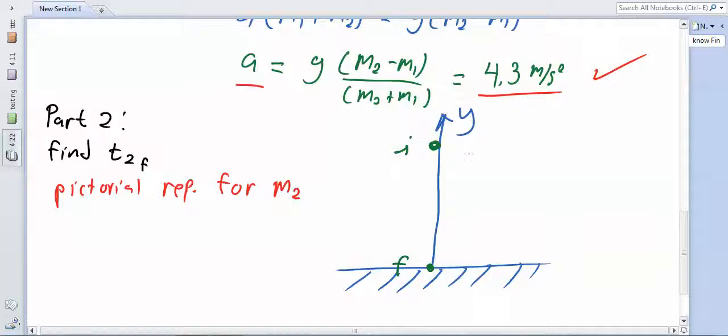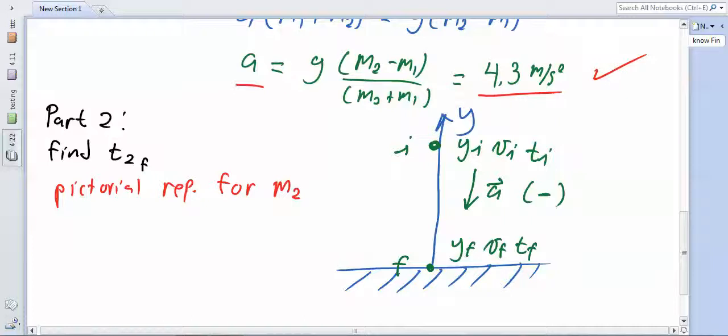And the kinematic variables will be y initial, v initial, t initial, y final, v final, and t final. And between those 2 points, the mass number 2 accelerates downwards. And so that acceleration will be negative in the coordinate system that I have shown because I have the positive direction pointing upwards. All right, so now we can make a new list of what we know for the kinematics part of the problem.